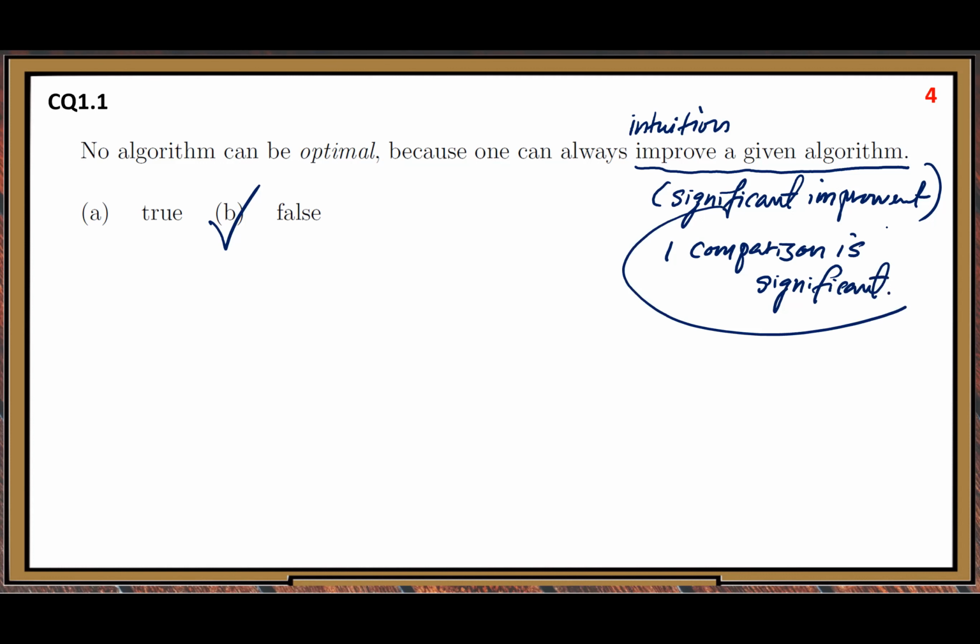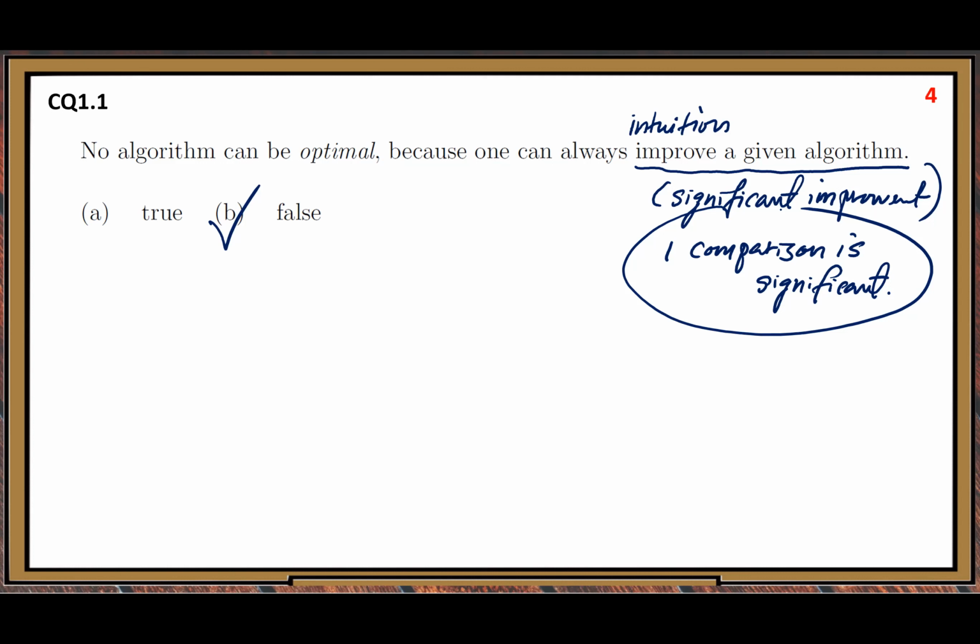But later in other questions, if your improvement is not significant, you may do some 1 or 2 improvements, but we may not treat them as significant improvement. After we study module 2, we will talk about what significant improvement means.